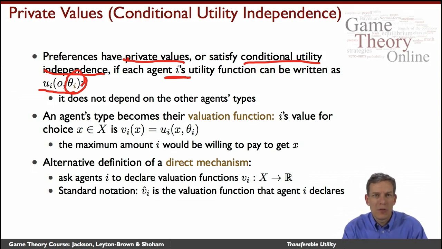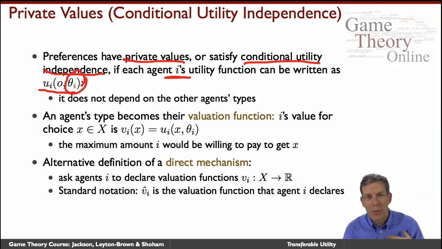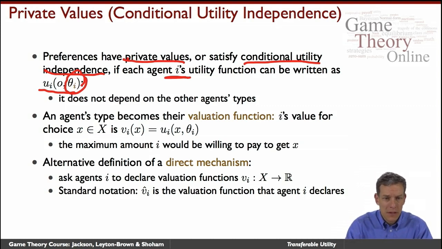What this rules out is things like investing in a stock where I'm not quite sure what the value of that investment is, I don't know how well it's going to pay off, and other people might have information that would be very valuable to me. That's ruled out here. Once I know my information, I know everything I need to know about my preferences, and nobody else's information enters into that calculation. So if we're talking about a particular candidate, I know whether I like this candidate or not. Or if it's a public good, I know whether I want that public good built.